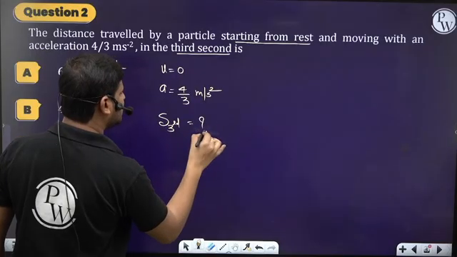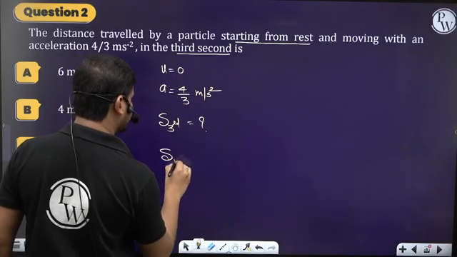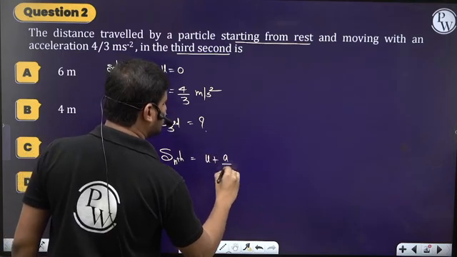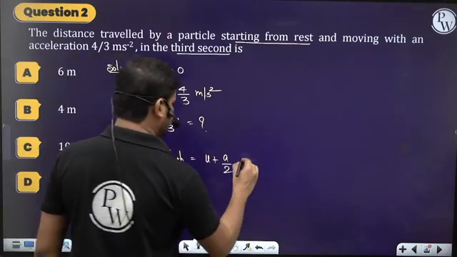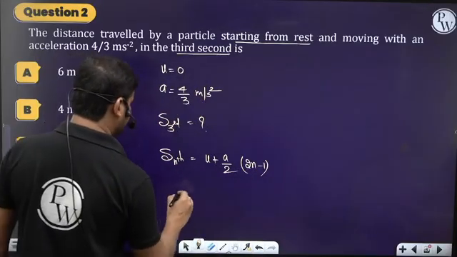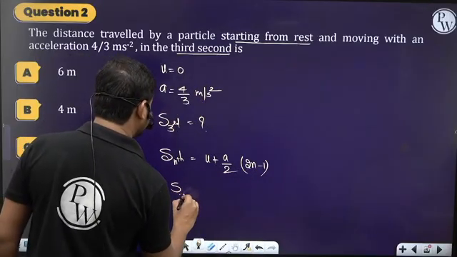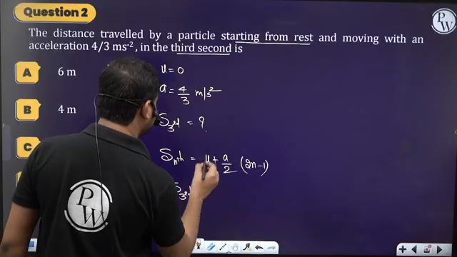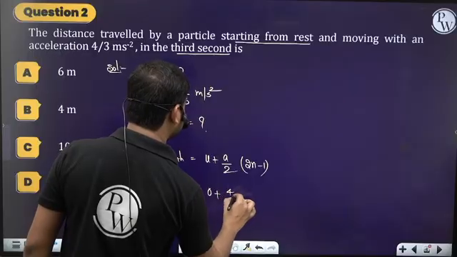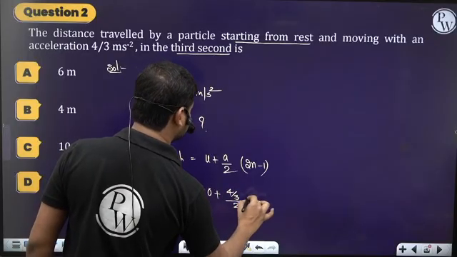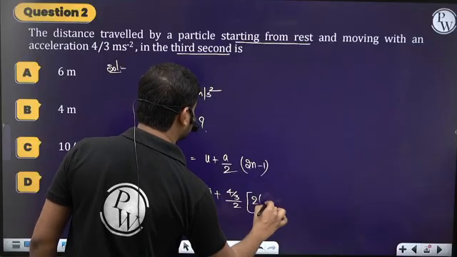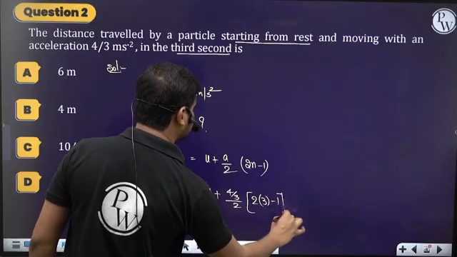Now we know that the S nth formula is equal to, write along with me, you should remember the formula, u plus a by 2 into 2n minus 1. From here we need the distance traveled in the third second. So u, the initial velocity, is 0, plus a is 4/3 by 2, into 2 into 3 minus 1.